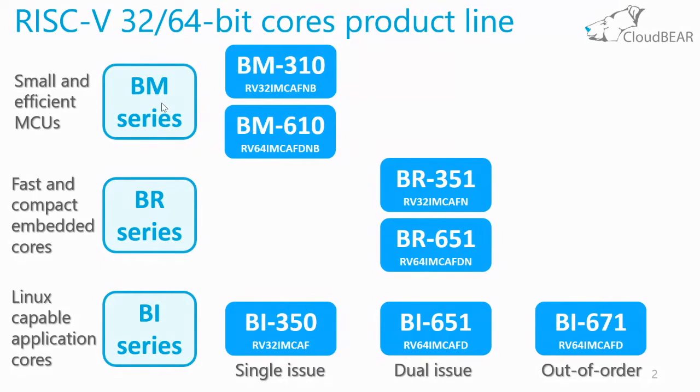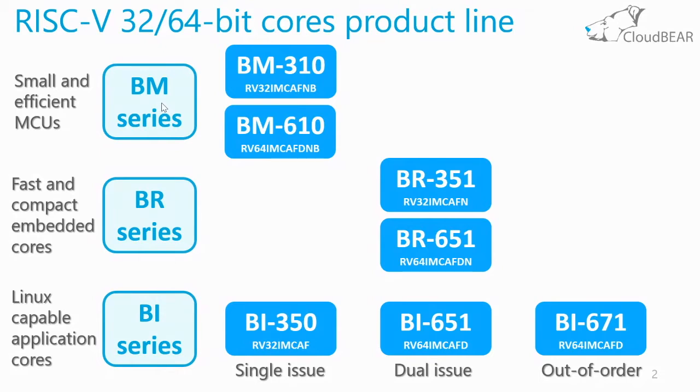When I say fast, I mean cores which could be clocked above 1.2 gigahertz at modern technology nodes. The R series includes 2 cores at the moment. Both are dual issue, 9-stage pipeline cores. The difference is only that one is the 32-bit BR351 and the other one is the 64-bit BR651.